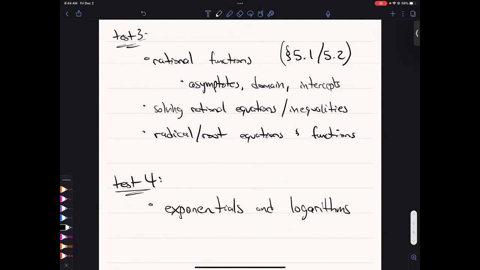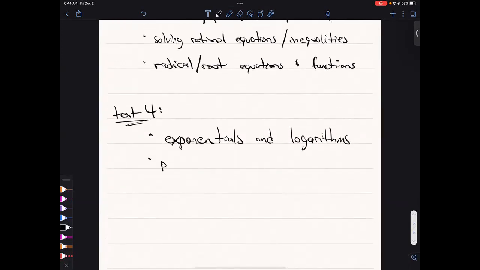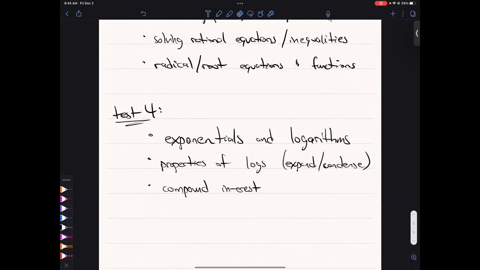There are the special log properties along with that stuff, to expand or condense. For application stuff, I would mostly focus on the compound interest thing. We did some other things, but I would focus in on that part.